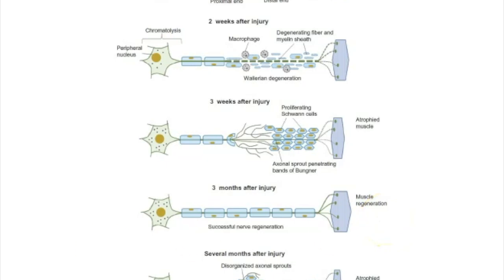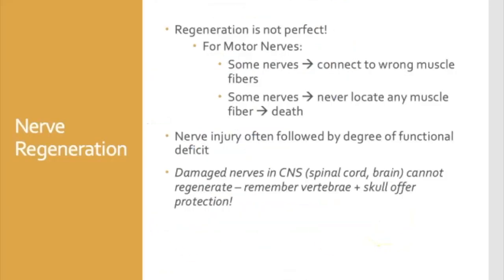Remember, though, we also talked about sometimes things go wrong here. Regeneration's not perfect, especially for motor nerves. Some nerves will connect to the wrong muscle fibers. Some nerves will never find muscle fibers and will just end. And of course, if muscle fibers never get their nervous input back, they're going to die.